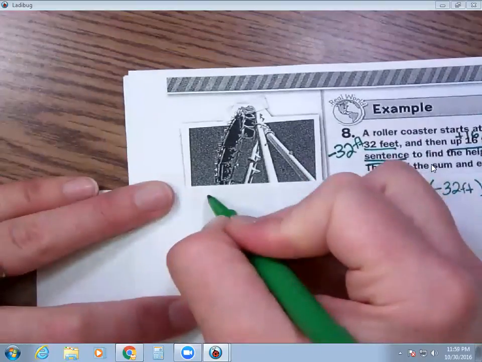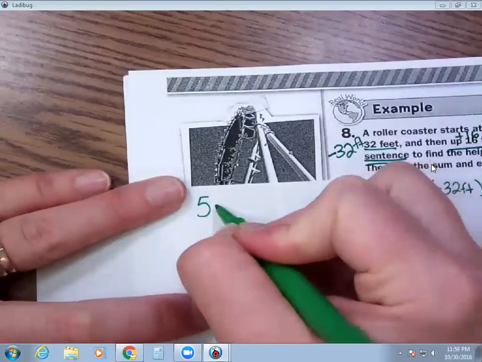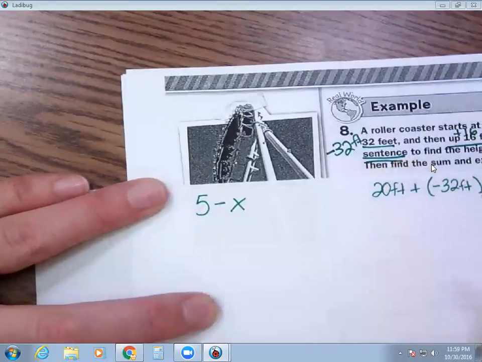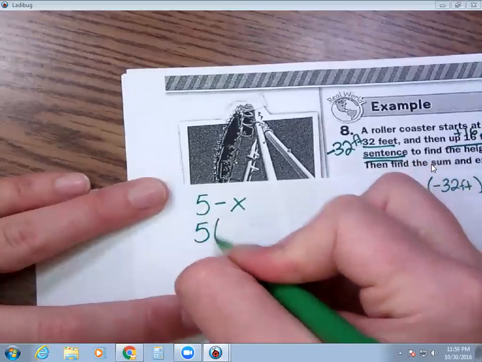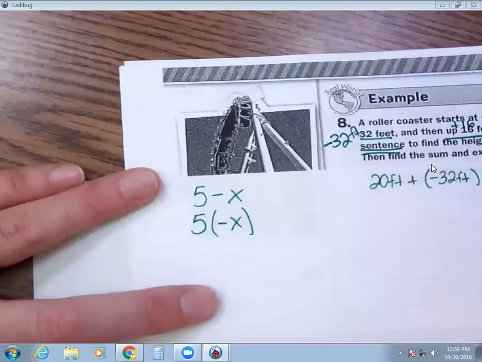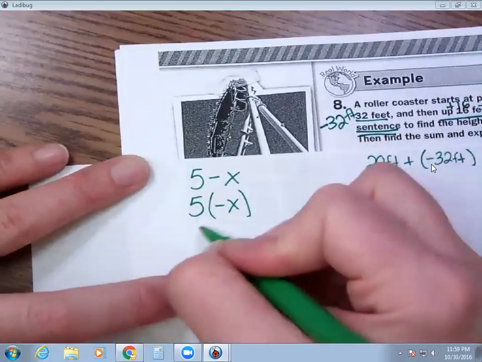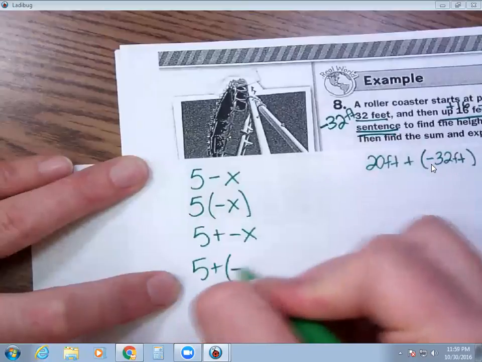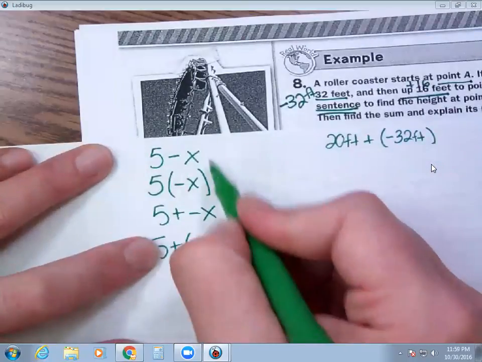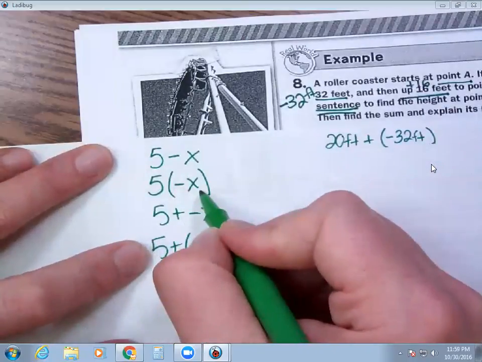Also, another reason: if we have something like 5 minus x, or 5 plus negative x, it looks funny. These things are different. 5 minus x is different than 5 times negative x.